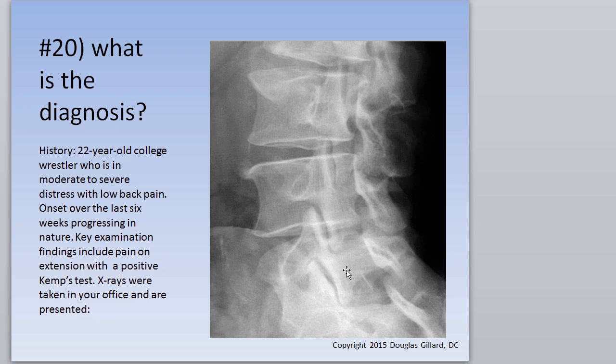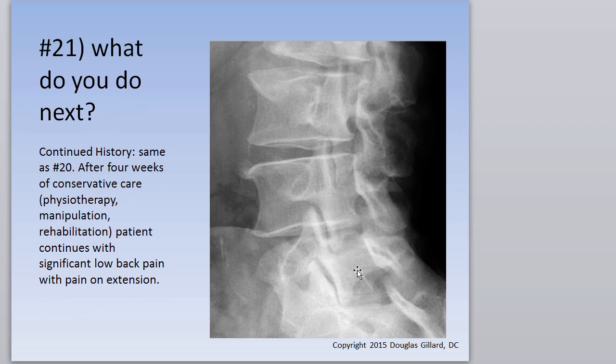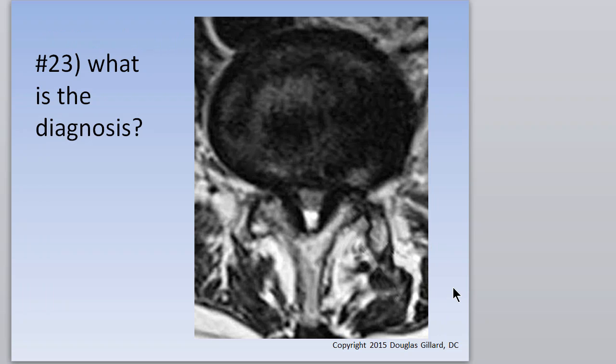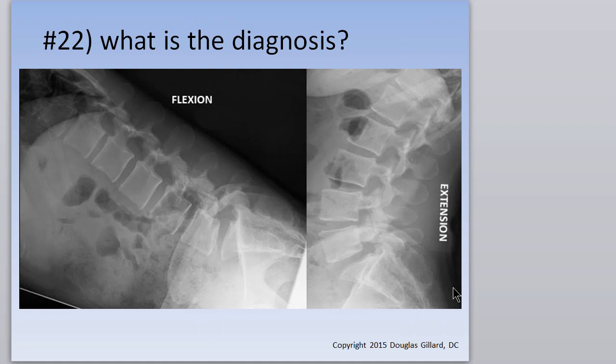So if this young athlete fails the bracing, you might have to order a CT on this patient. If you don't see it on the CT, you might have to order a bone scan to get to the answers here. We talked about the importance of flexion extension.